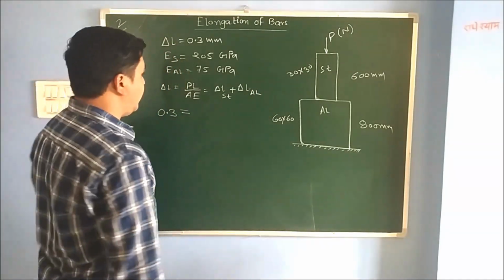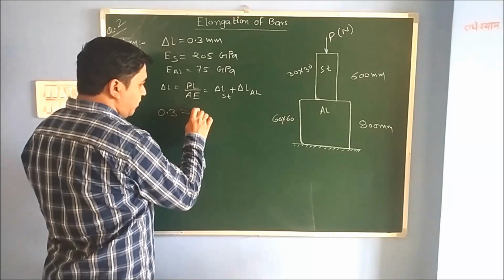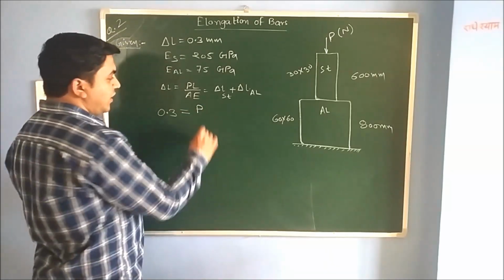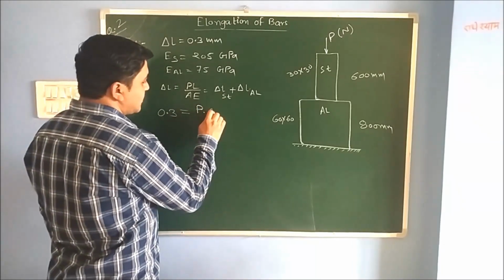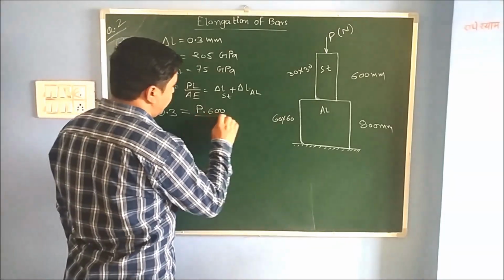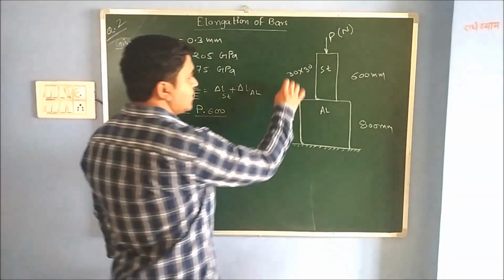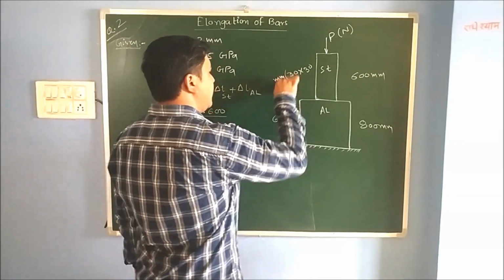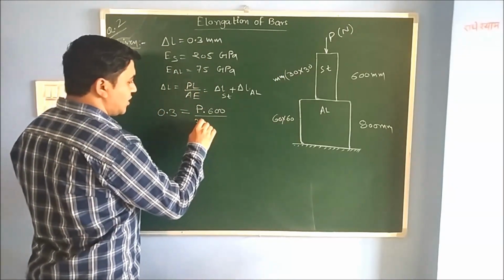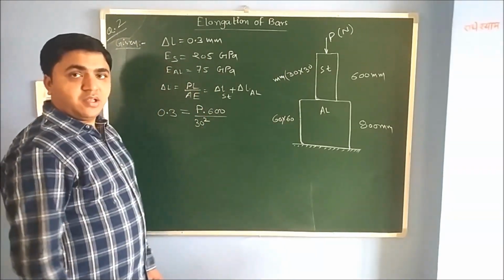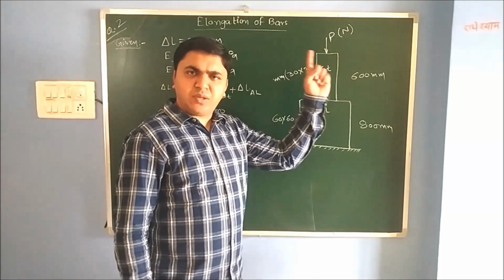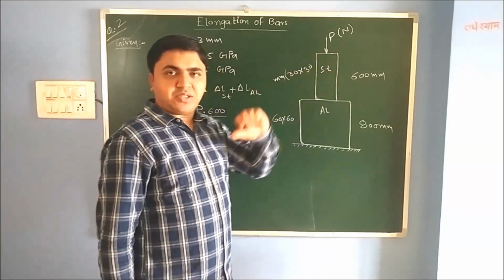Okay, so let's apply. So the load for steel is the same. P is common for steel. Length of steel is given, 600 mm, divided by area of steel. This value is also in mm only. So 30 cross 30, so I'm directly writing 30 square. Remember, it's a square cross section. It's not a bar. It's a square cross section here.